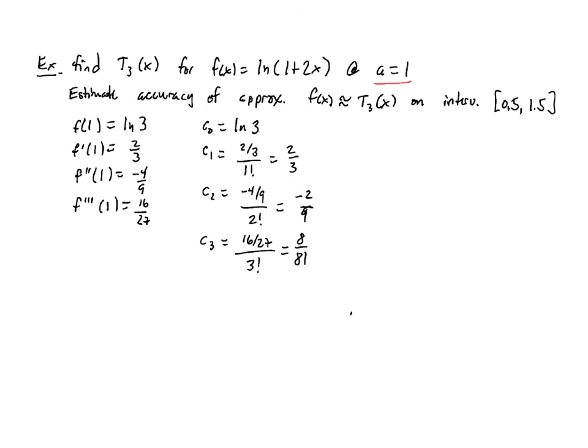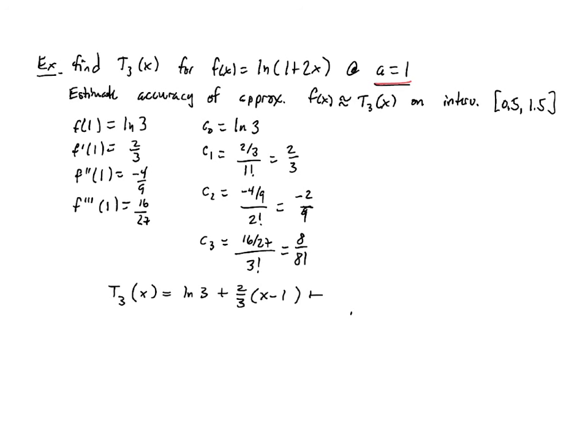And so from this, it follows that the third Taylor polynomial at a equals 1 for this function is going to be ln of 3 for my constant term, 2/3 times x minus 1 for my linear term. Notice again I'm using the point a equals 1.